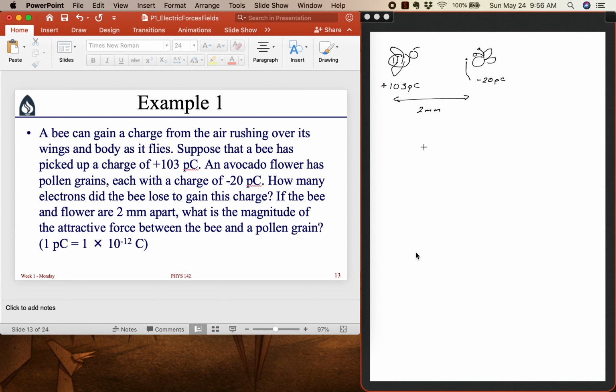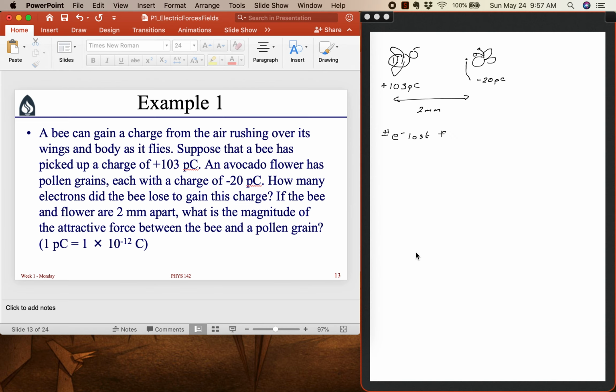So the first thing we want to determine is how many electrons did the bee lose in flying to have accumulated 103 picocoulombs worth of charge. So we want to find the number of electrons that were lost.